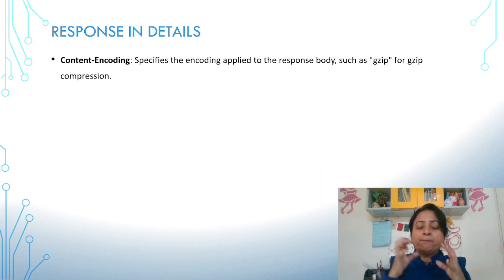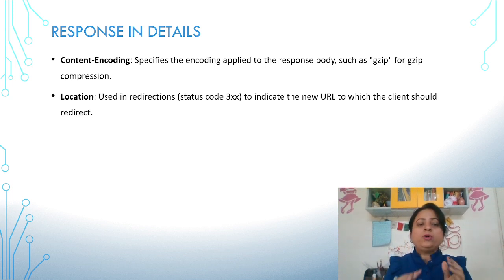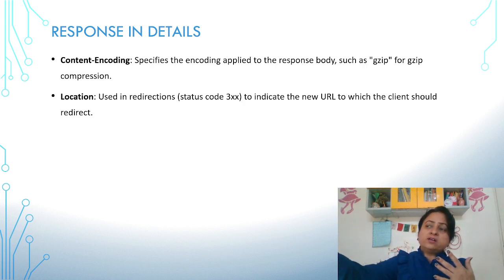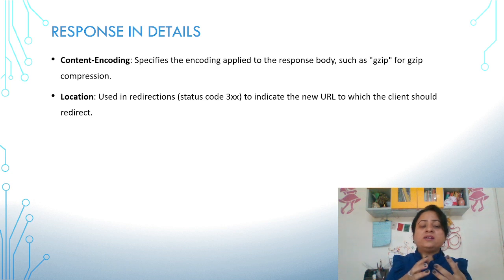If I want to get the data in compressed form, then I can set the content encoding as gzip. Location is used in case of redirection, to indicate the new URL. Suppose you hit a request and you get a response saying it needs further redirection. For that kind of scenario, you can use location. Usually in this case, you get a status code in the 300 series.